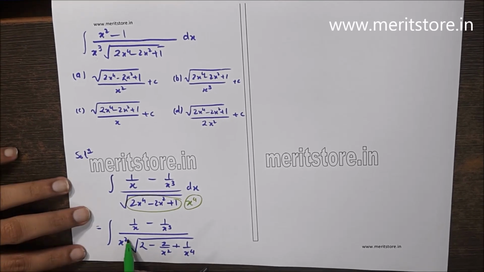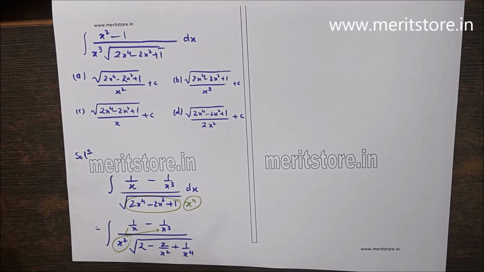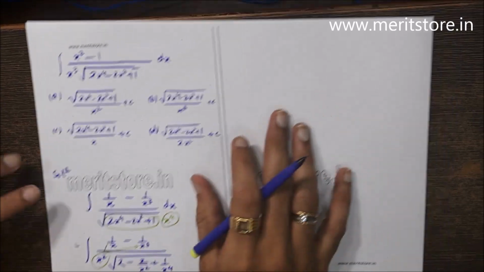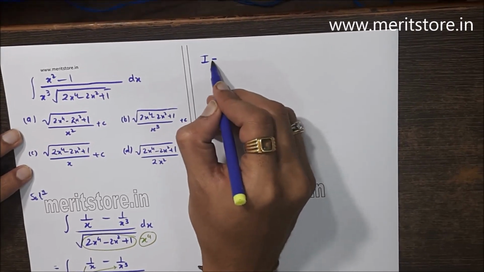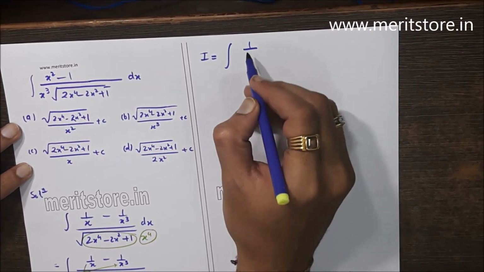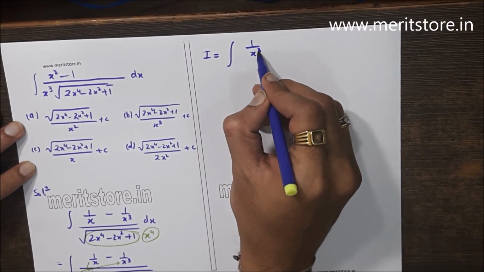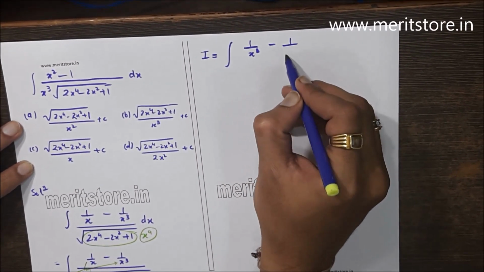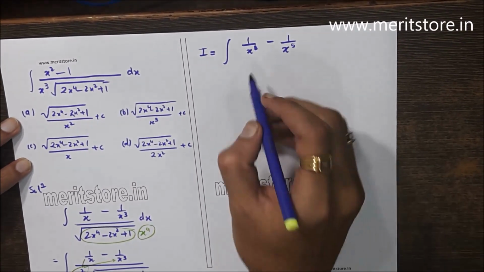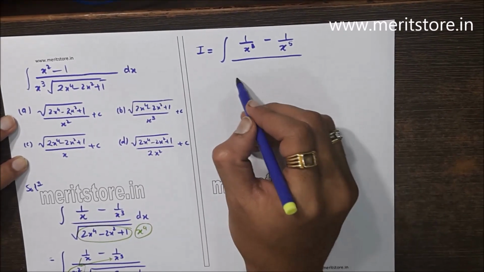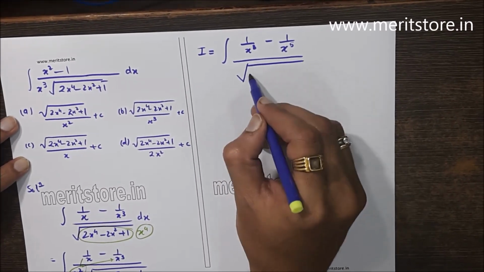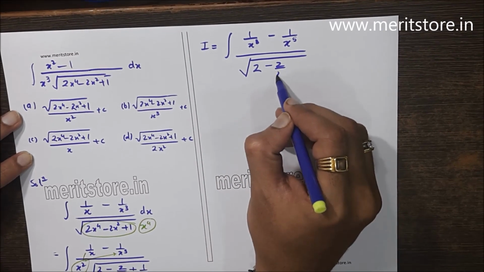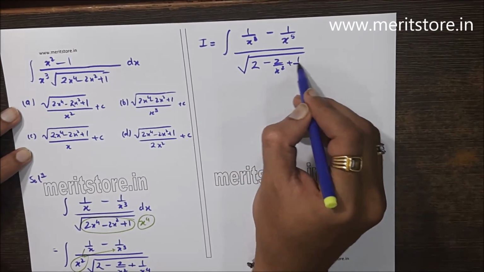This x square again will be split into these two terms. We'll get the integral as 1 upon x cube minus 1 upon x raised to 5, the whole division by root of 2 minus 2 upon x square plus 1 upon x raised to 4.